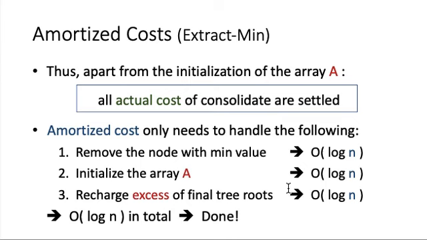But we know that finally, the tree roots will all have distinct degrees, because these are the trees that are left within this array A. So there are only order log n entries remaining. So if we recharge the excess $1 for each root, then the total cost is order of log n. So log n, log n, log n together is log n in total. That means that for the extract min operation, order log n amortized cost will be enough. So we are done.